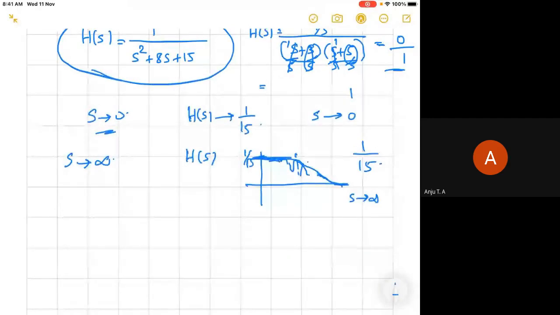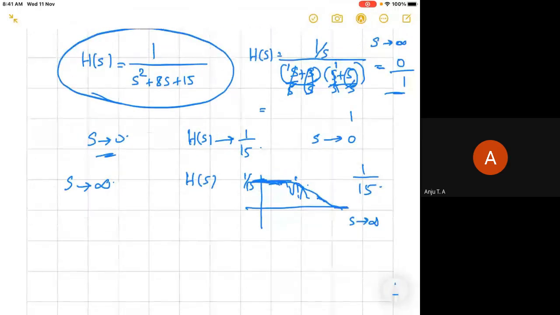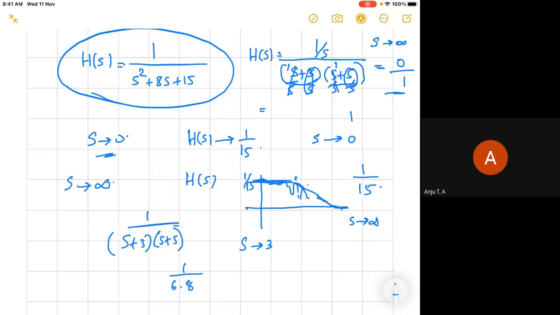Okay, so let us take some intermediate values. So 1 by s plus 3 into s plus 5, as s tends to say 3, this can take 6, 8, right. This is 1 by 48, even lesser than that.